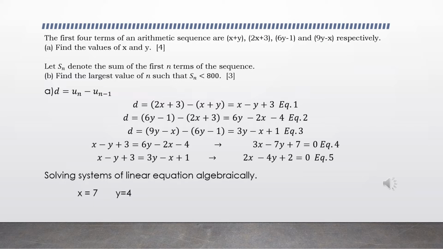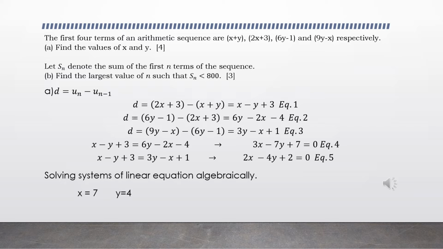The terms of the arithmetic sequence are given as expressions: x plus y, 2x plus 3, 6y minus 1, and 9y minus x. We are asked to find the values of x and y.